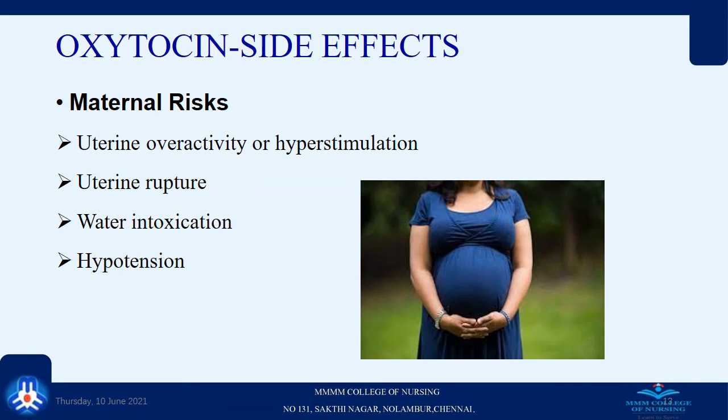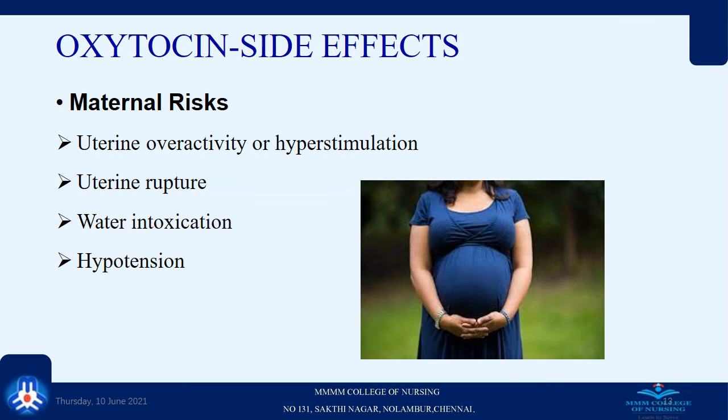So what are the side effects of oxytocin? In the side effects there is maternal risk. The first one is uterine overactivity or hyperstimulation, where there is increased uterine contraction, in the sense 5 or more uterine contractions occurring in 10 minutes, or a single contraction lasting more than 2 minutes.